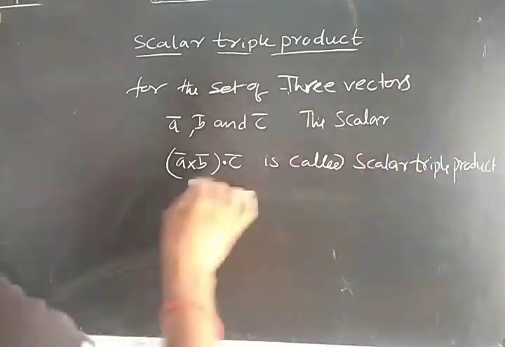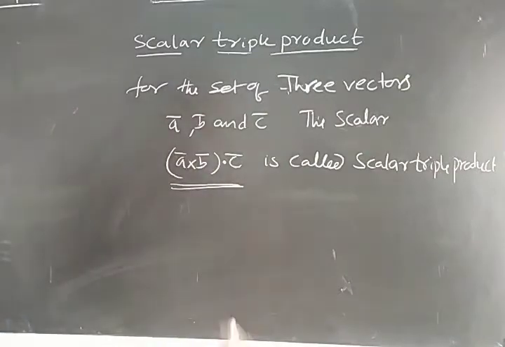This is called the scalar triple product of the given set of three vectors.